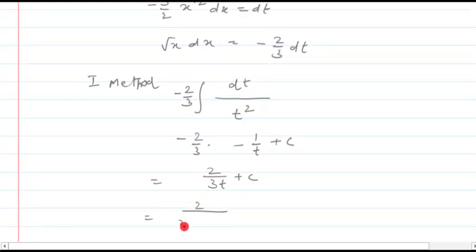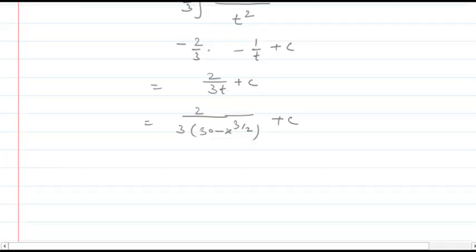So we are getting 2 upon 3 into (30 minus x power 3 upon 2) plus c. Now applying the limits, c will vanish and it will be written as 2 upon 3 (30 minus x power 3 upon 2), and the limits are 4 to 9.